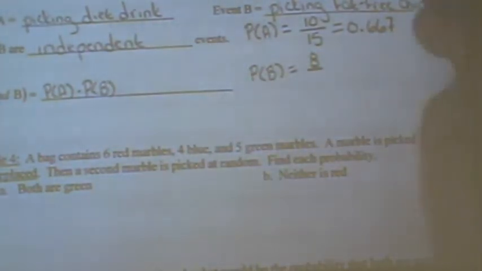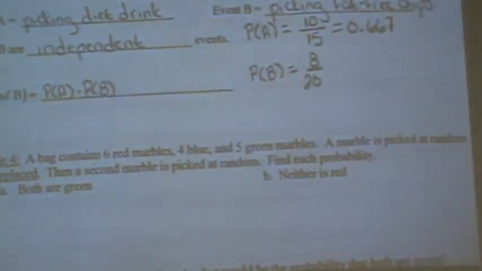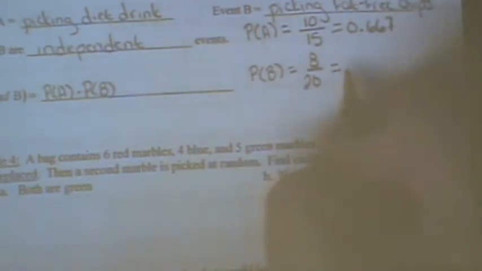So again, how many fat-free chips do we have? We have 8. And we have 8 fat-free chips and 12 regular chips, so we have 20 chips total. Again, we want to get this into a decimal, and you should get 0.4.